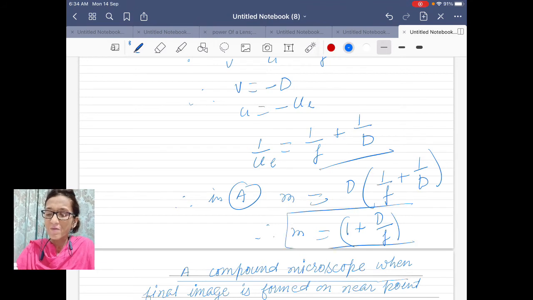So the same magnification can be obtained when the final image is at near point by linear magnification and by angular magnification. So this is all about the simple microscope.